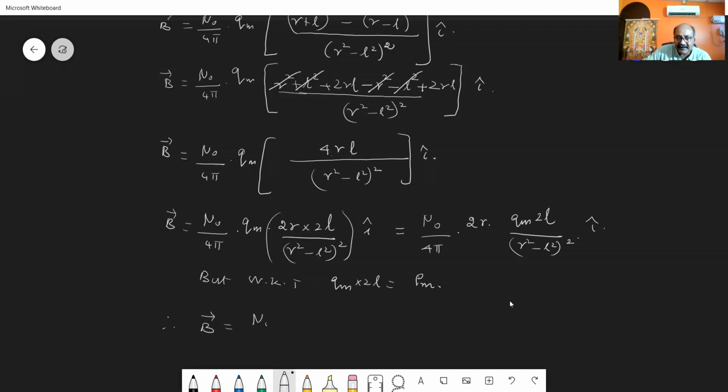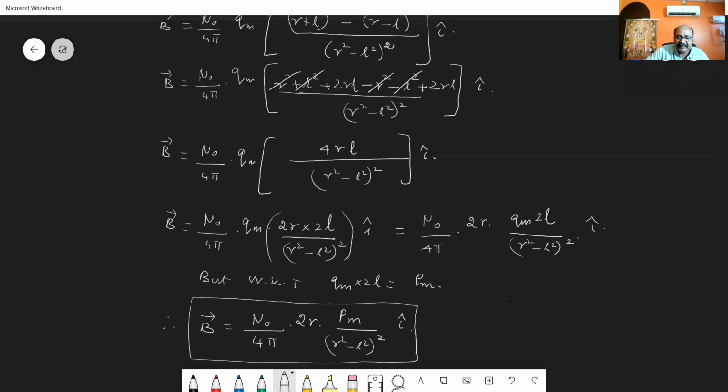B vector equal to mu 0 divided by 4 pi into 2R into PM divided by R square minus L square, the whole square into I cap. Hope you have understood. This is the formula for the magnetic field at a point along the axial line of a bar magnet.